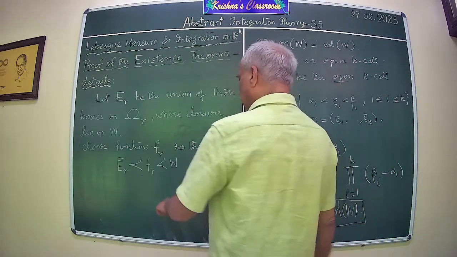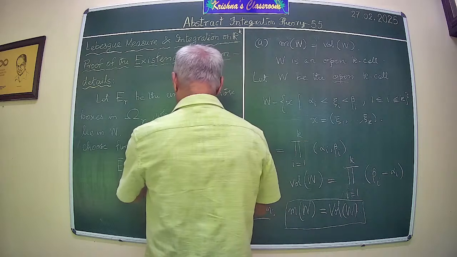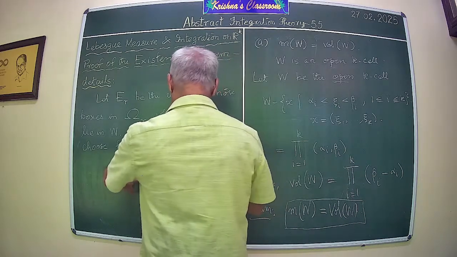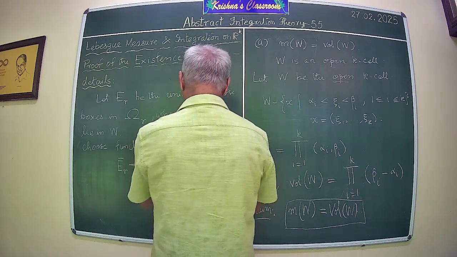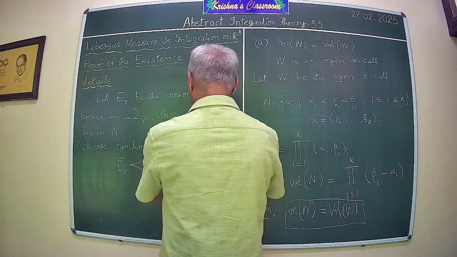Now what do you do? You take functions fr with the property that Fr is equal to 1 on ER closure. Okay.